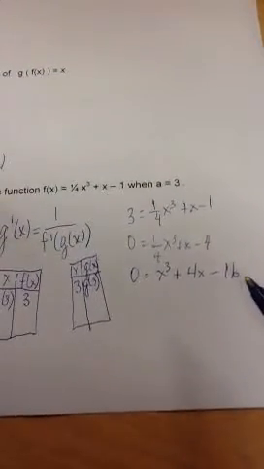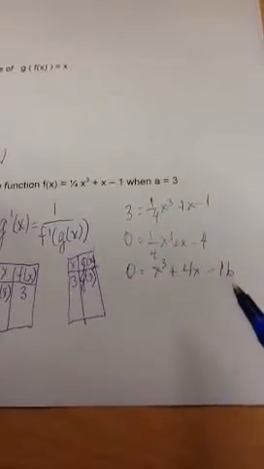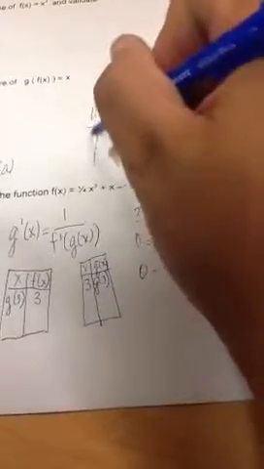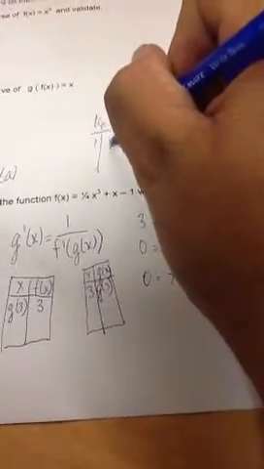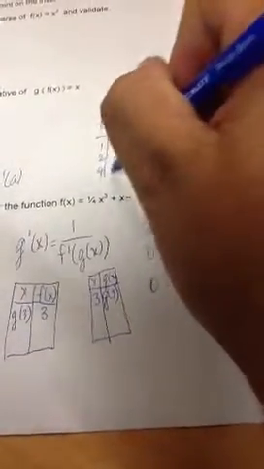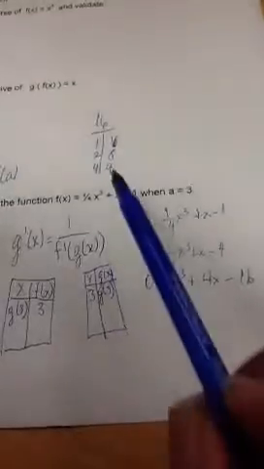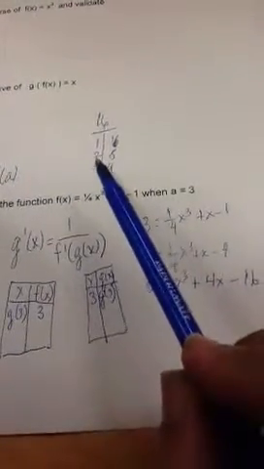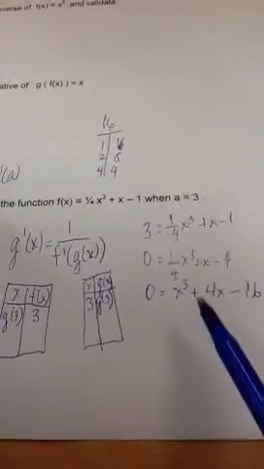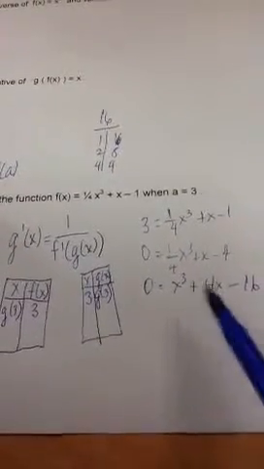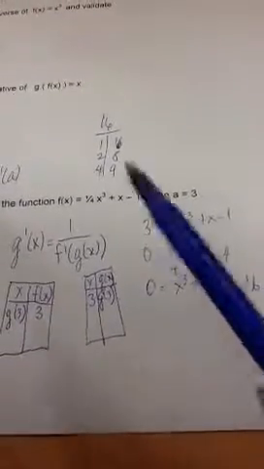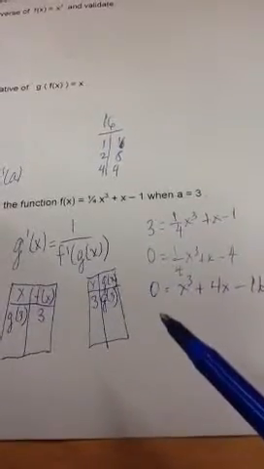So if I look at the factors of 16, that's when we took the 16 and we went through all of the different factors. We have 1 and 16, 2 and 8, 4 and 4. So we said, well, what if we try 2? If I plug in 2 for x, 2 cubed is 8, plus 4 times 2 is another 8, so that's 16 minus 16 is 0. So x equal 2 is one of the x values.